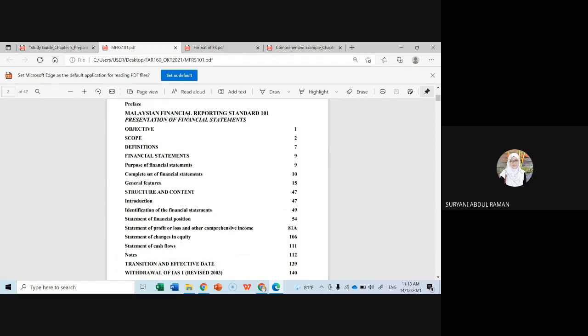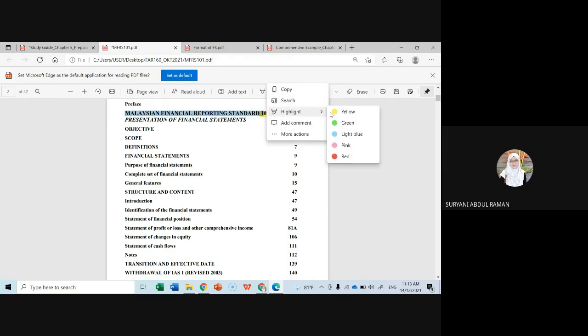But later on, when you go to part 3, part 4, part 5, and if you pursue your study to degree level, you will learn more about accounting standards, because there are other accounting standards out there. This is one of them. You just learned the first one, MFRS 101, but there are many standards that cover different accounting transactions.